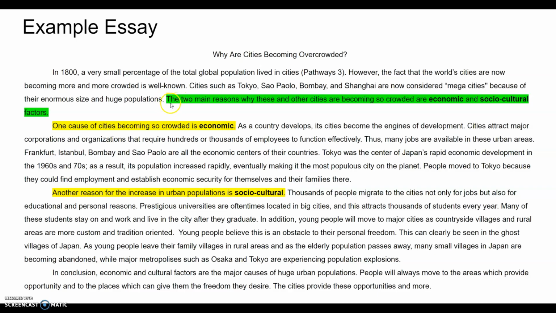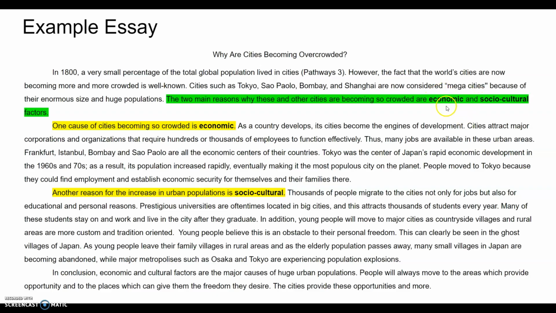So again, the thesis statement of this essay is: the two main reasons why these and other cities are becoming so crowded are economic and socio-cultural factors. So notice that we have 2 controlling ideas. Economic, that's one controlling idea, and then socio-cultural factors. That's the second controlling idea in the thesis statement.